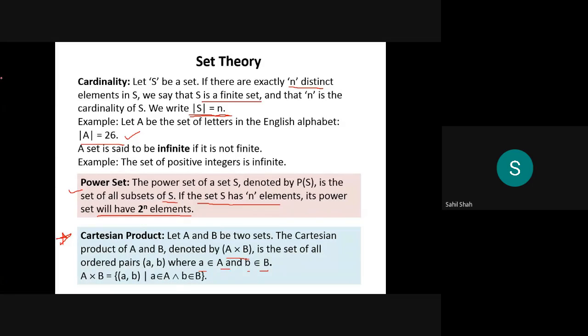Example: let me say I have a set A with element 1, and a set B with element 2.